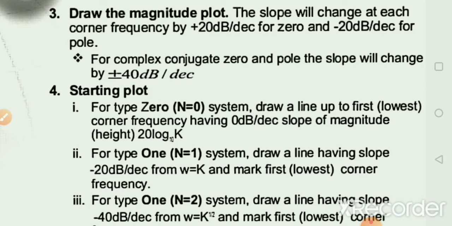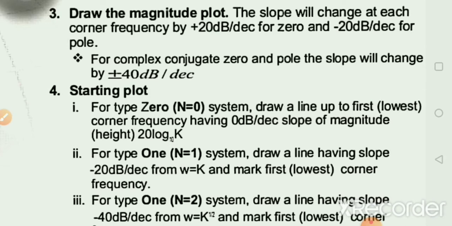Here we add plus 20 dB per decade for each zero and subtract 20 dB per decade for each pole from the previous slope.